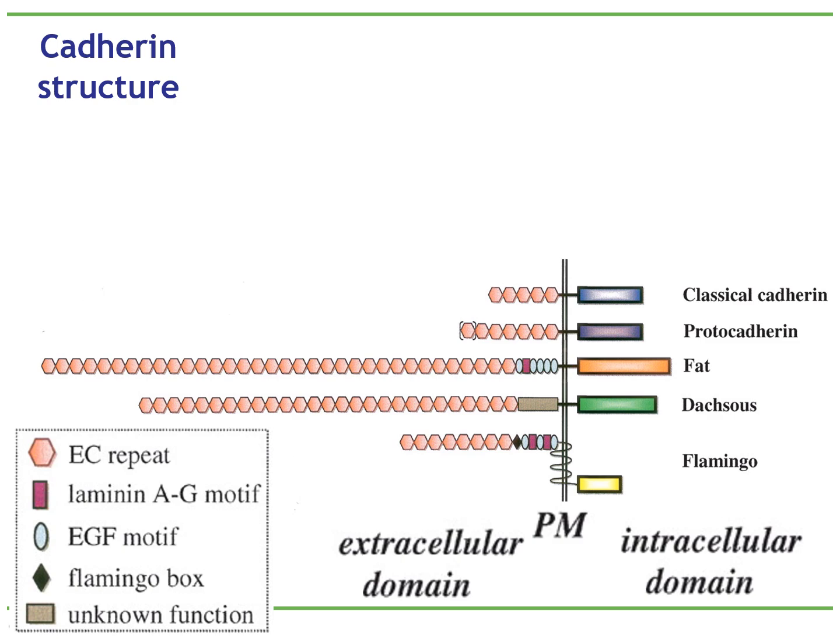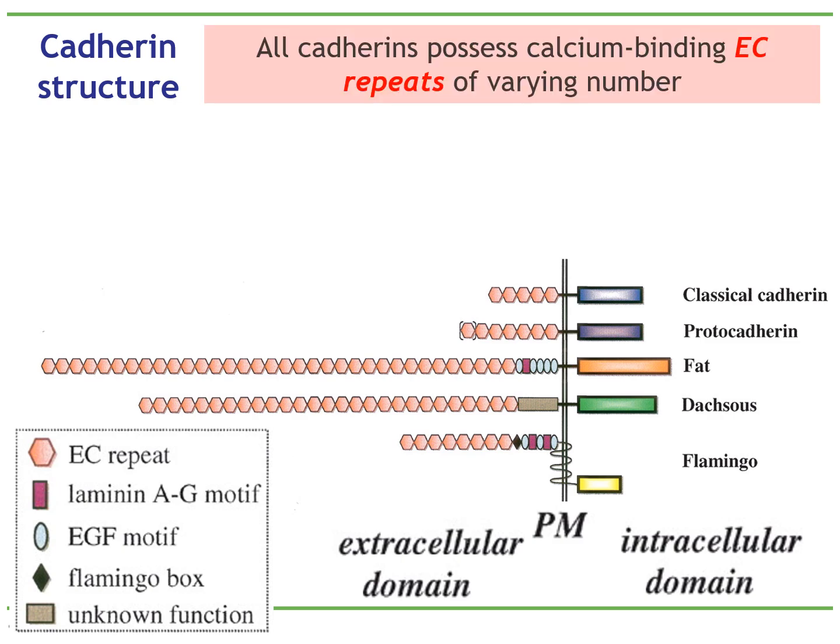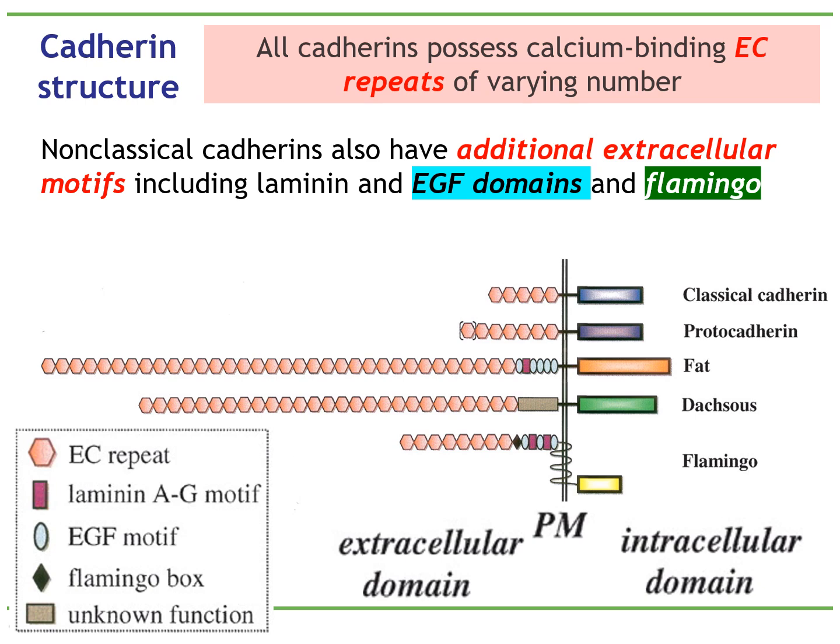I'm not going to ask you that in the test. I might ask you about this one, but I'm not going to ask you how many they have in the protocadherin, the fat. I'm not going to ask you this structure. I just want you to know that they exist and how they vary. So all cadherins possess calcium-binding extracellular repeats that vary in number.